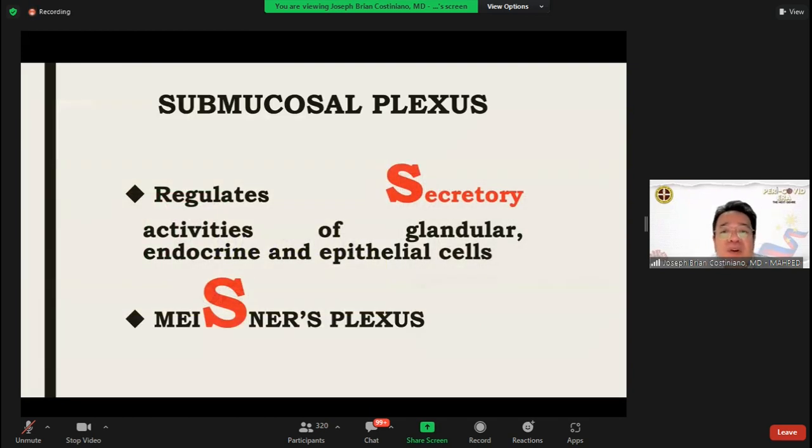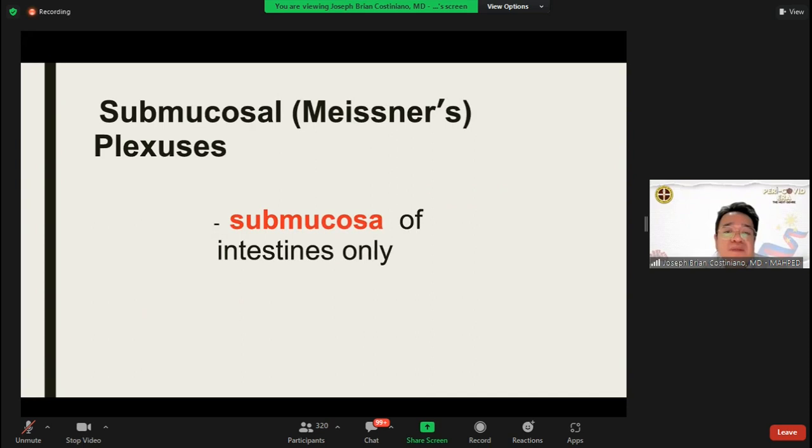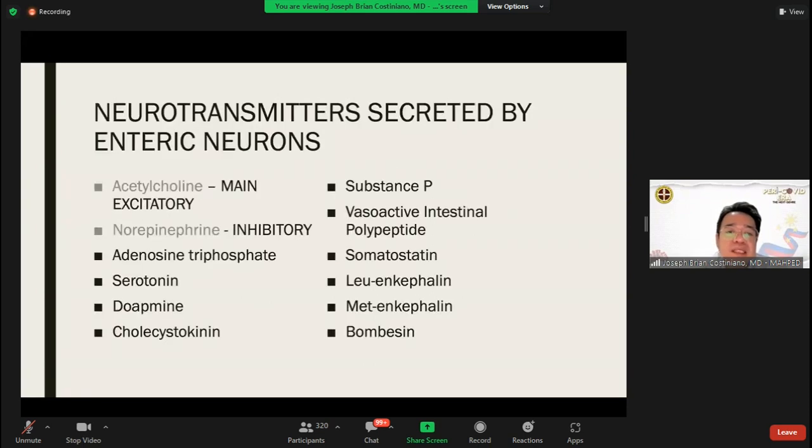So, the submucosal plexus, or Meissner's plexus, is regulation of your secretory activities. It is found in the submucosa of the intestines only. The main excitatory is acetylcholine. The main inhibitory is norepinephrine. And you have other neurotransmitters that will interact with your enteric neurons.